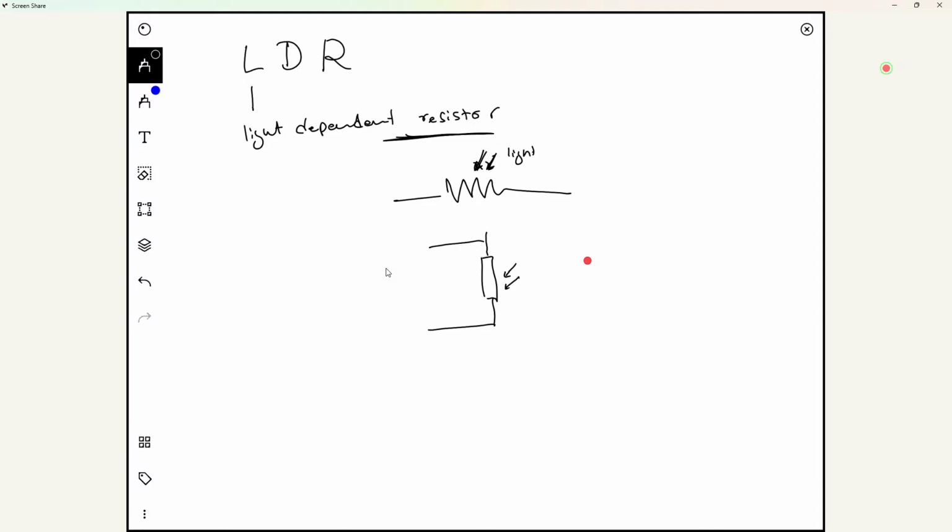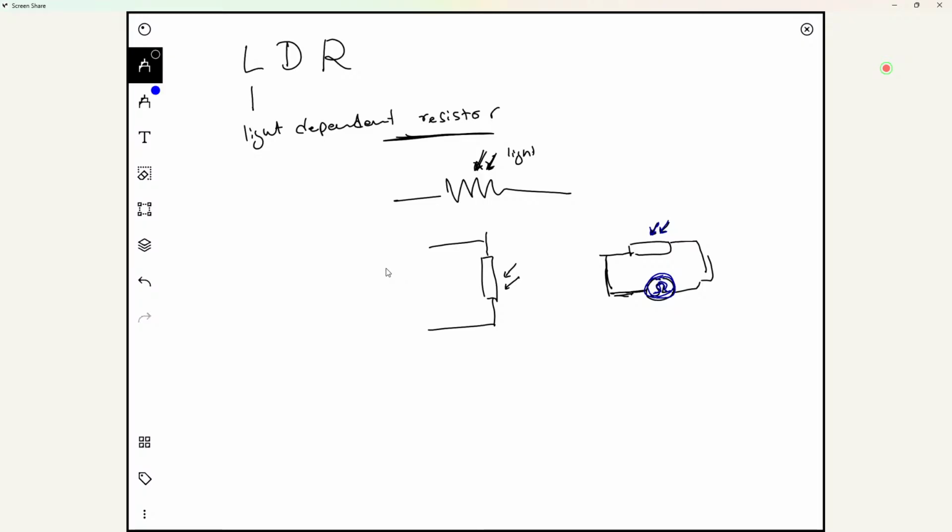Simply speaking, if you have an LDR and you connect an ohm meter, which is used to measure the resistance of a device, what happens when you shine light on this device is that the resistance will vary.